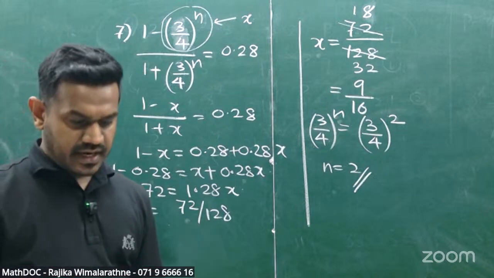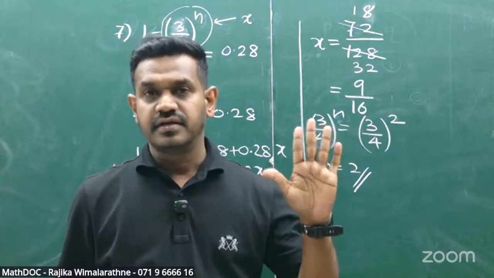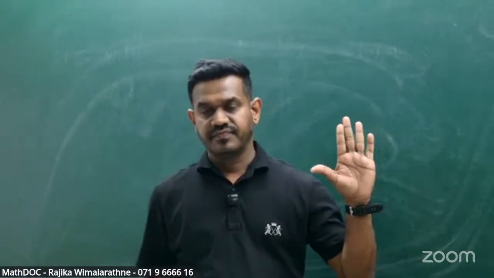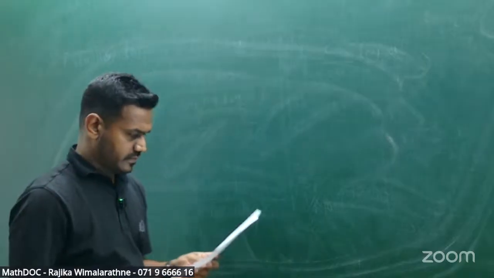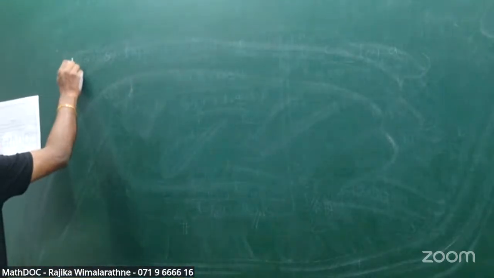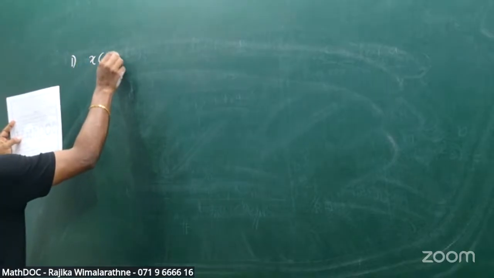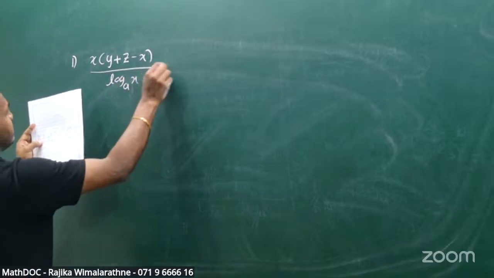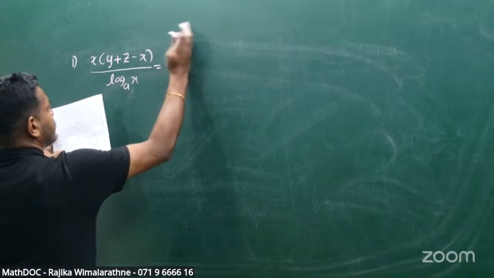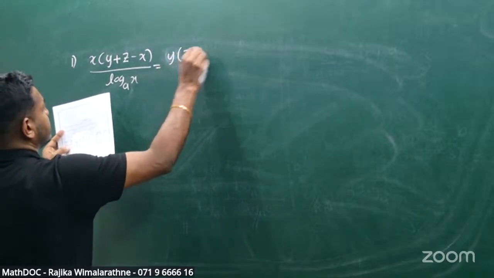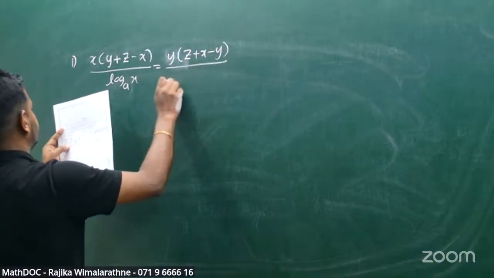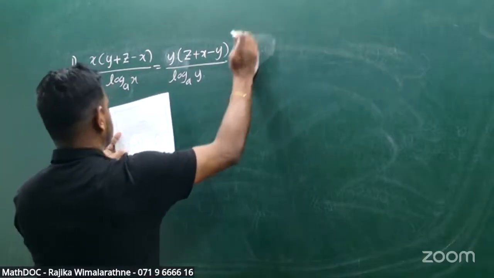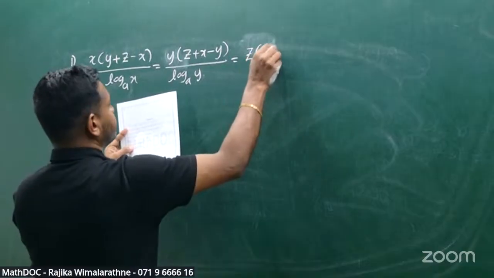Okay. Then last one, let's do question number 1. We have log a base x over y plus z minus x equals log a base y over z plus x minus y equals log a base z over x plus y minus z.